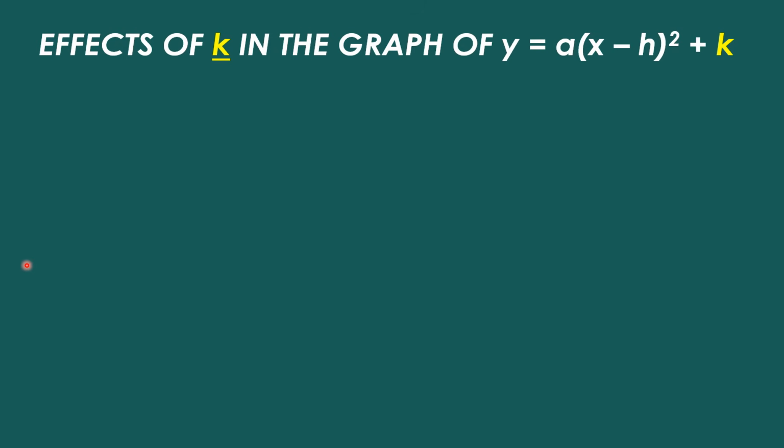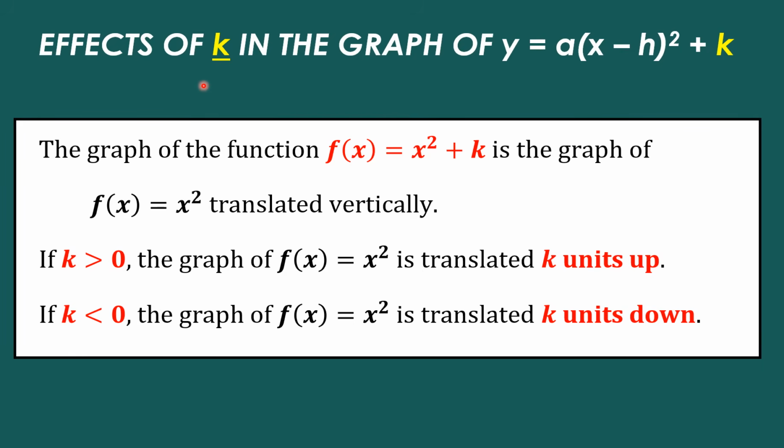Now, let us identify the effects of changing the value of k in the graph of our quadratic function. The graph of the quadratic function x squared plus k is the graph of our parent function translated vertically. A vertical translation of a parabola is a shift of the parabola up or down with no change in the shape of the parabola.